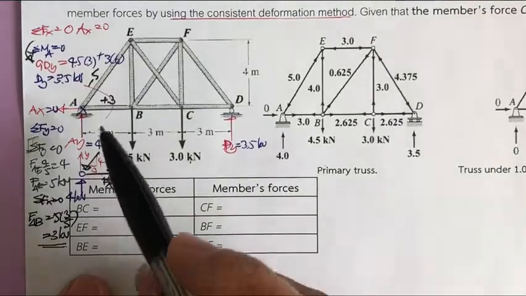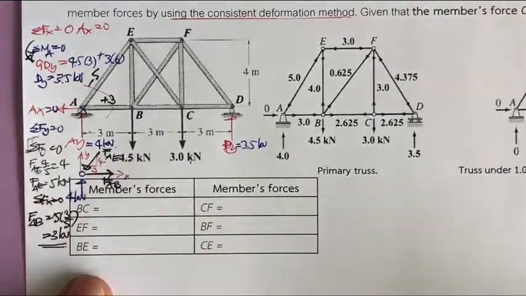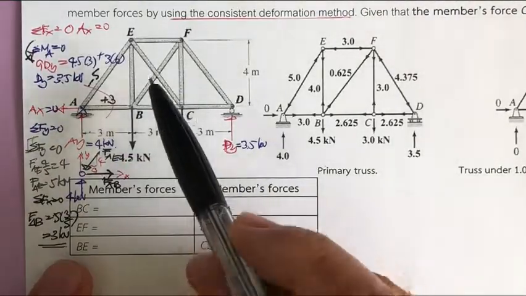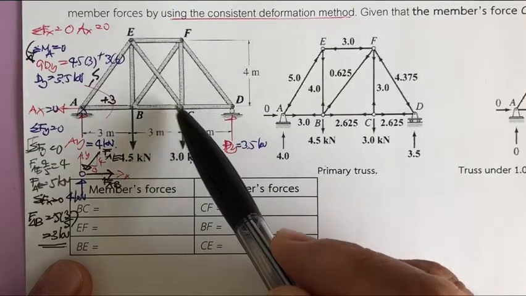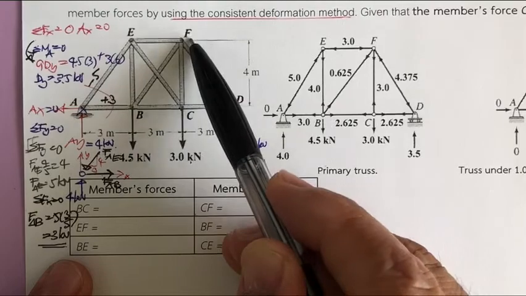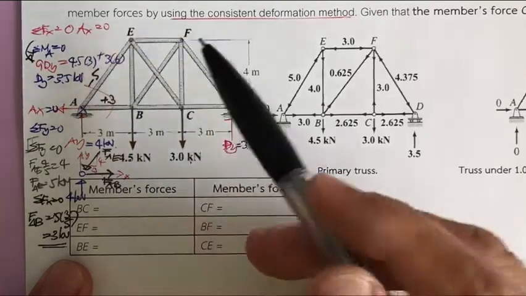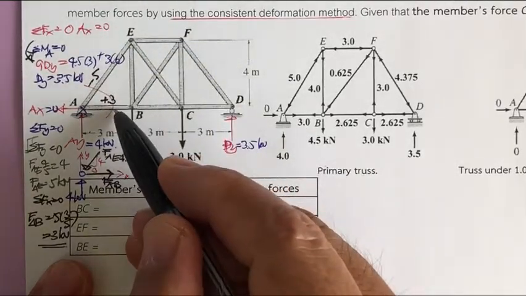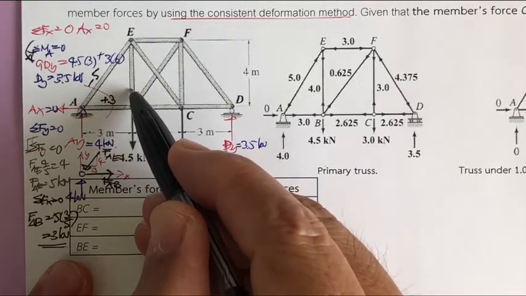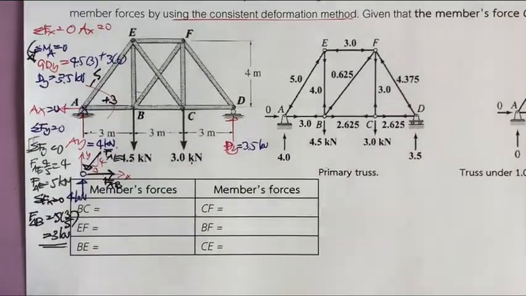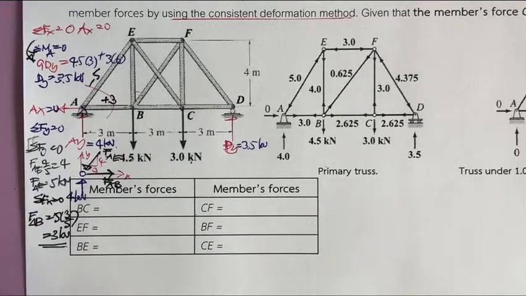They didn't ask us for what I'm doing here. They asked us for member BC, member EF, member BE. And even though you know the force here, you cannot cut here and solve from these three forces, because we have only two equations, summation of F sub x equal to 0 and summation of F sub y equal to 0.